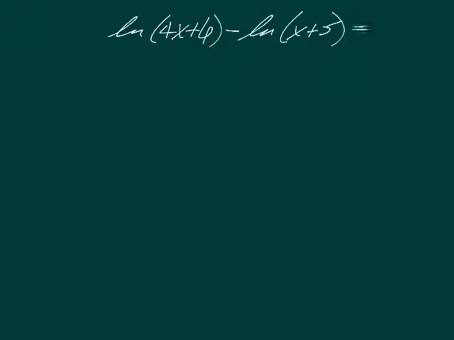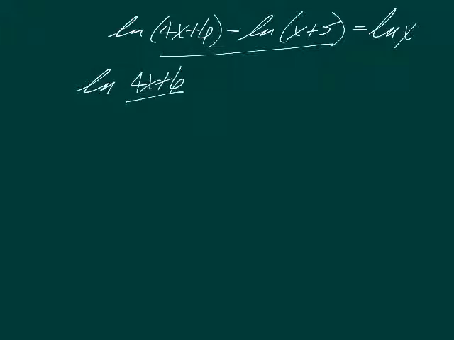A final example is on top of page 407. This is example 9, and we're going to do a natural logarithm of 4x plus 6, and we're going to subtract ln of x plus 5, and that will equal ln of x. Okay, so again, we're going to put these together. So ln of 4x plus 6 over x plus 5 will equal ln of x.